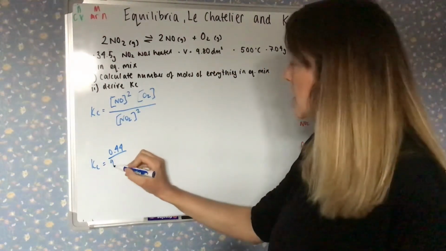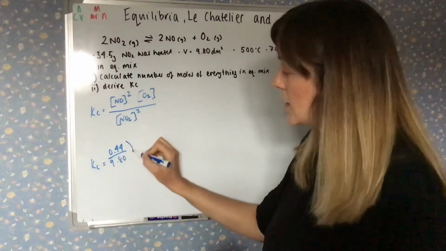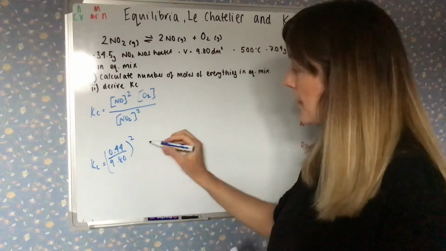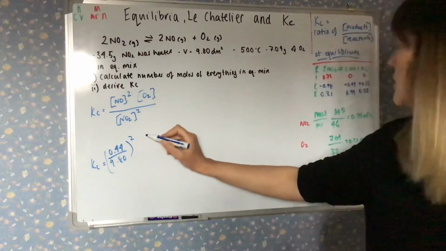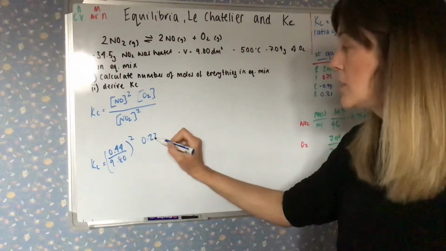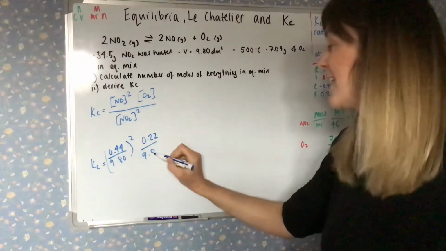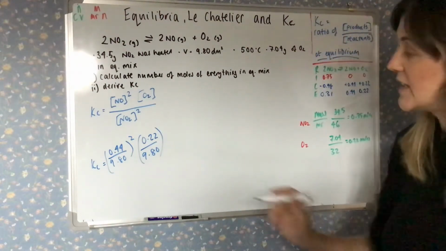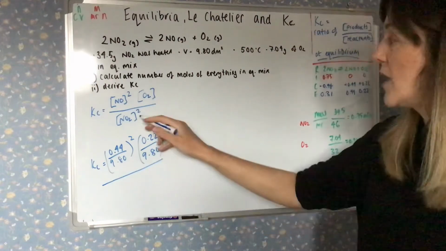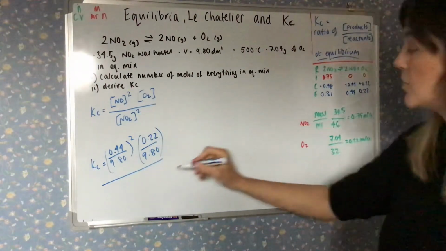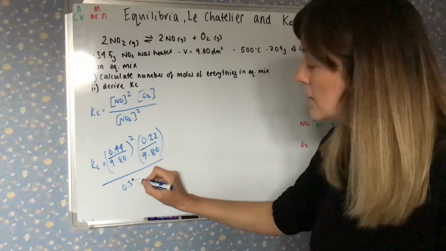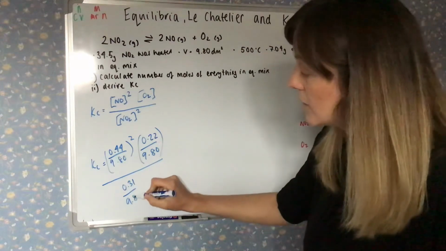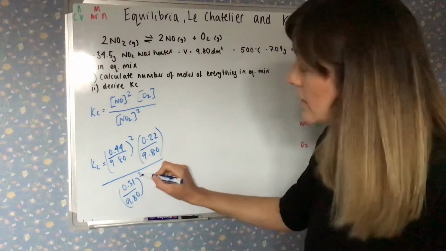We don't even have to change it, squared, times our moles of oxygen over 9.80. All over NO2, which is 0.31 over 9.80, again, squared.